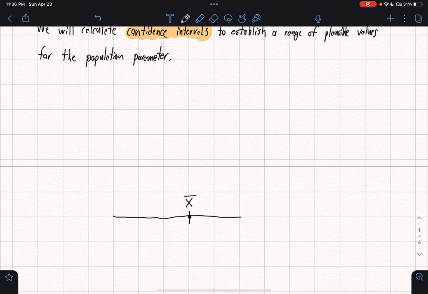But what we're going to do now is we're going to create a range of values from here to here. So I'm going to take my estimate x bar and subtract off what we call a margin of error. And then I'm also going to take x bar and add a margin of error.